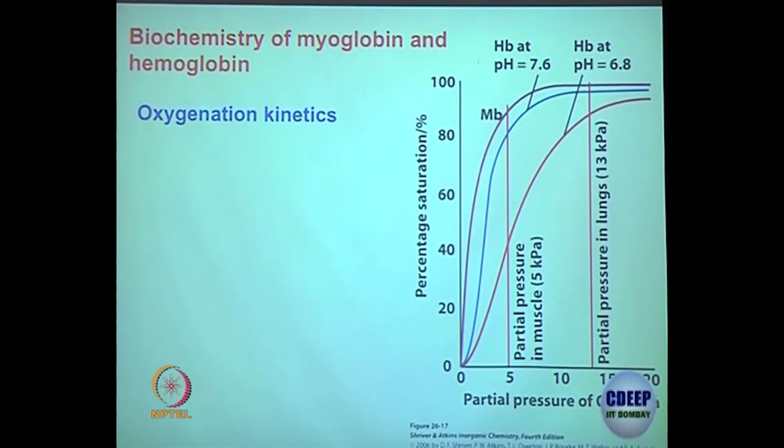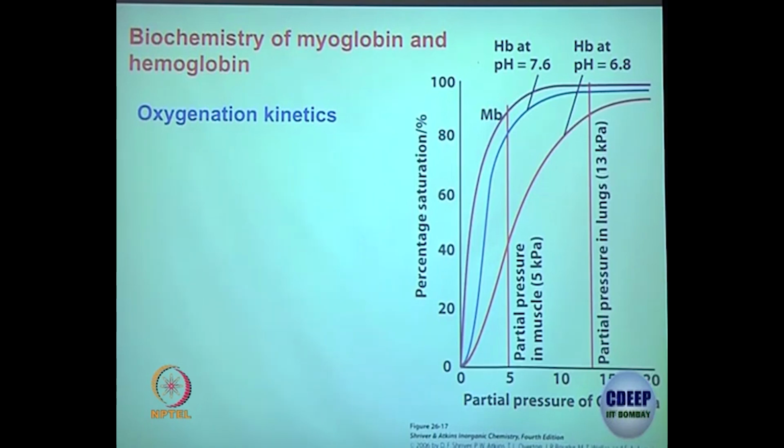Since in muscles pH is low, what happens from hemoglobin? Hemoglobin is over here, that much oxygen it can pick up. Myoglobin right over there has high affinity for oxygen. Therefore, hemoglobin to myoglobin transfer will happen. Okay? That's how the transfer mainly happens.